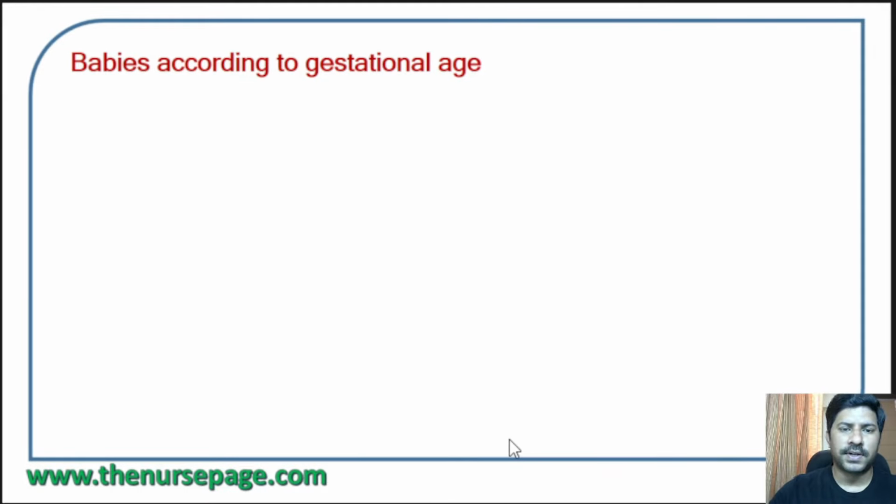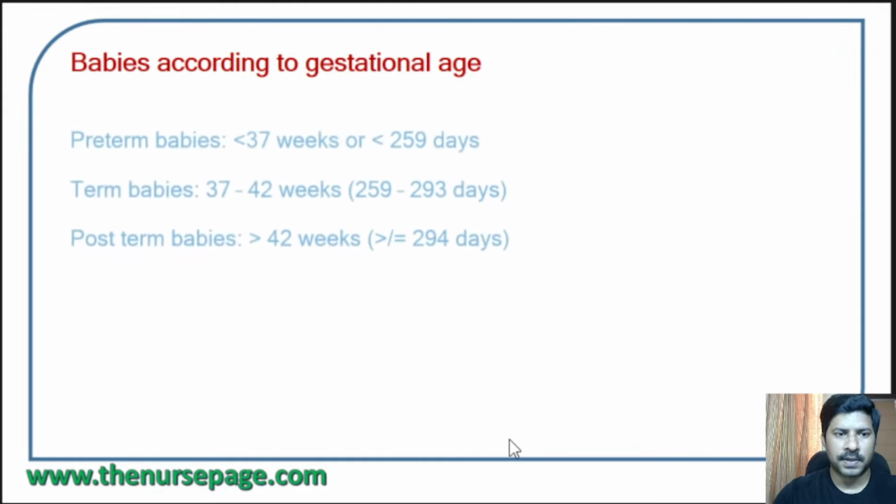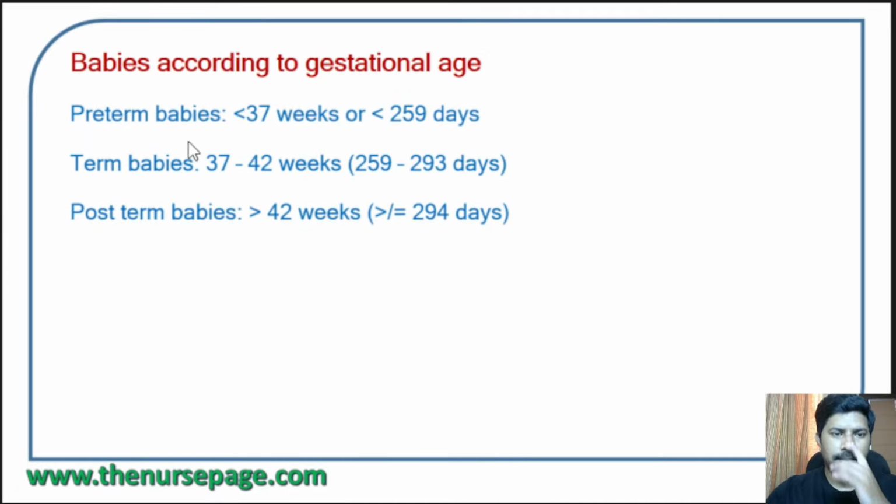First, babies according to gestational age. First one is preterm babies: a baby born before 37 weeks or before 259 days after LMP. Less than 259 days means the baby is called preterm. Term babies are babies born between 37 to 42 weeks, or 259 days to 293 days.